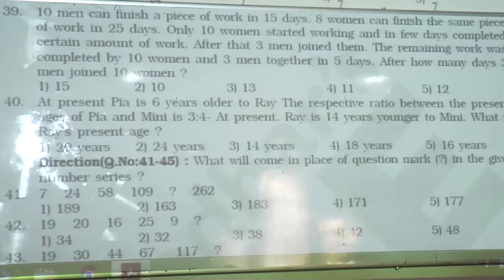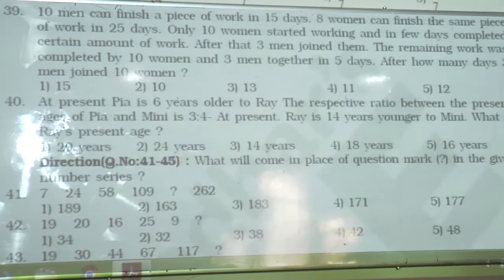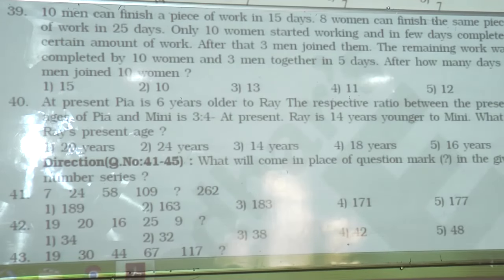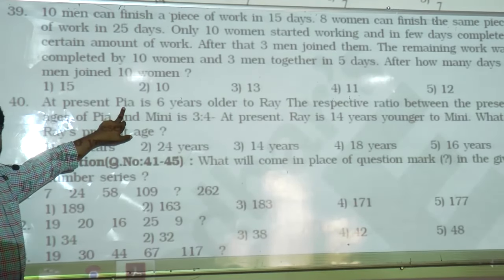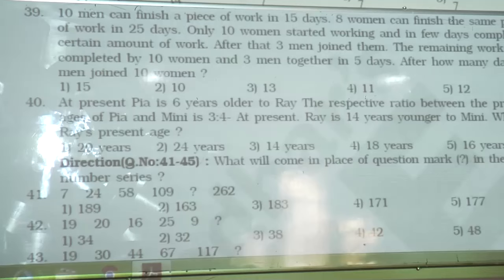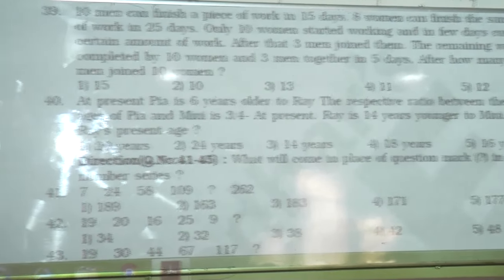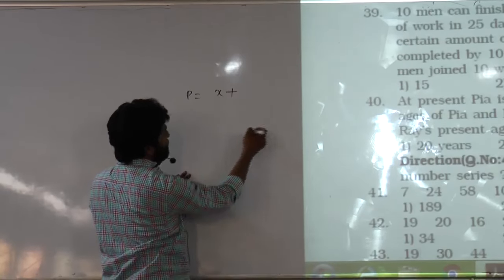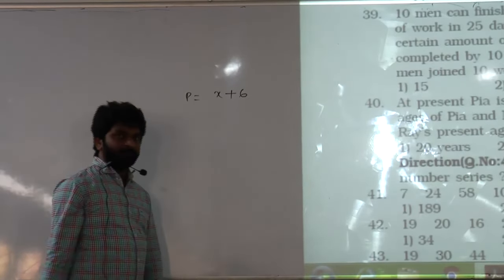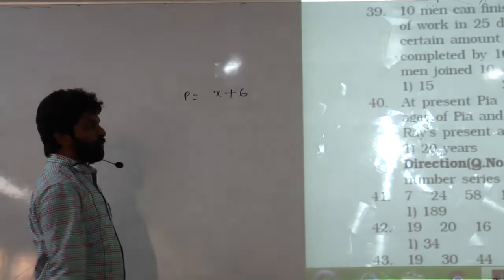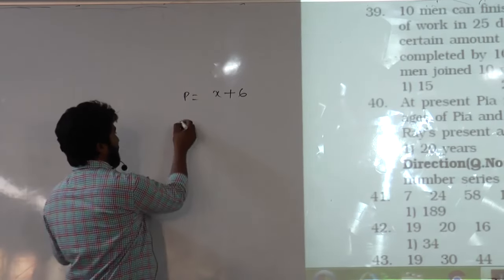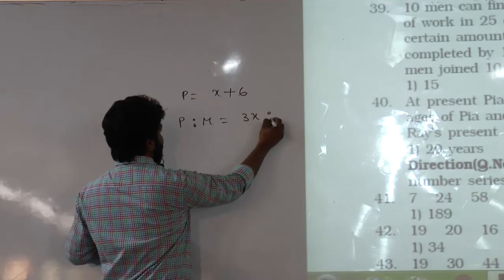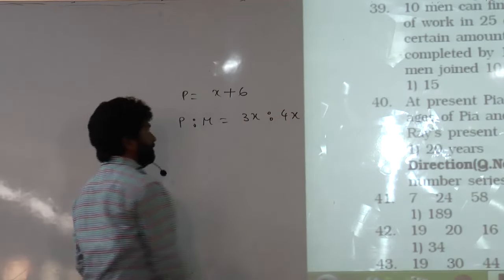Otherwise, if you want to solve it, out of Pi, Ray and Pi, Mini, we have Pi common here. Let Ray's age be some x. Pi's age becomes x plus 6. The ratio of Pi's age to Mini's age is given as 3:4.